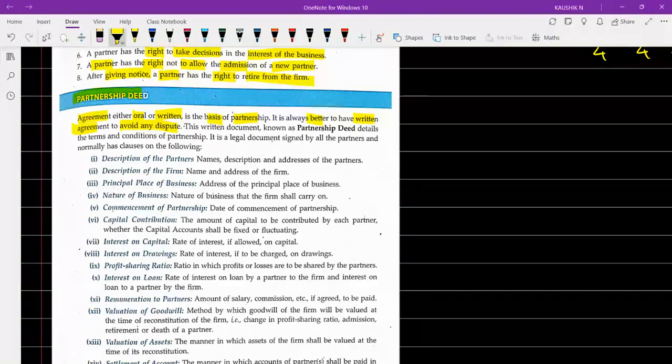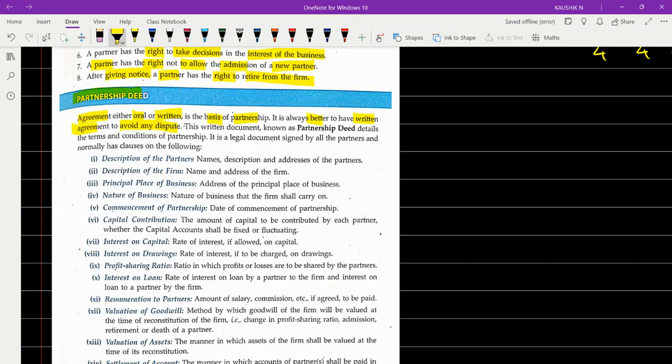That means problems can arise in the profit sharing ratio, or on interest on capital, interest on drawings, salary, etc. For all such problems, the only solution is to maintain a partnership deed, and everything has to be documented in the partnership deed so that we can ensure that things go smoothly.